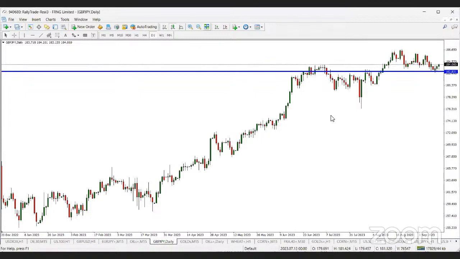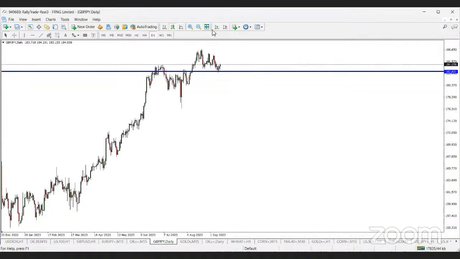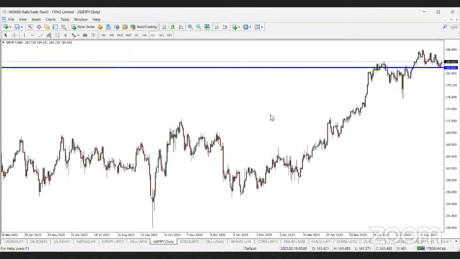Now, let's look at this chart that we are currently on. I have shrunk the chart to show you a wider range of candlesticks on the daily time frame. You agree with me that from this point here, if you follow my cursor, price was giving an uptrend.